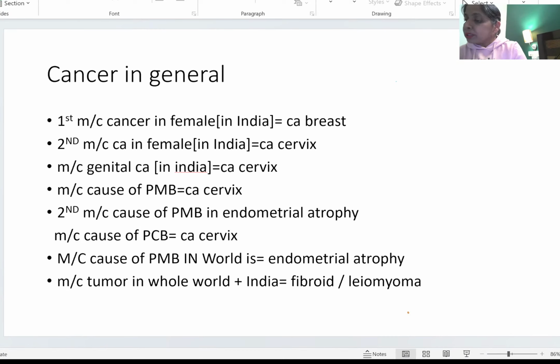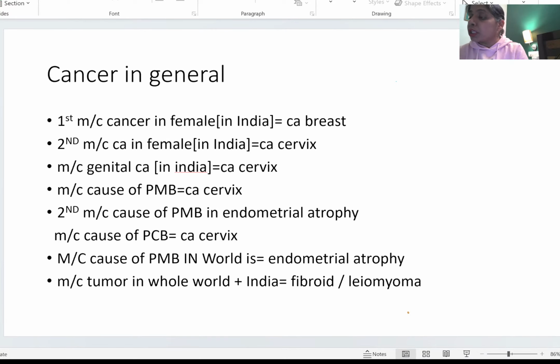So CA cervix becomes the most common genital cancer, right? The most common cause of postmenopausal bleeding and the most common cause of postcoital bleeding. Straightaway question is this. Last time it has come in FMG.